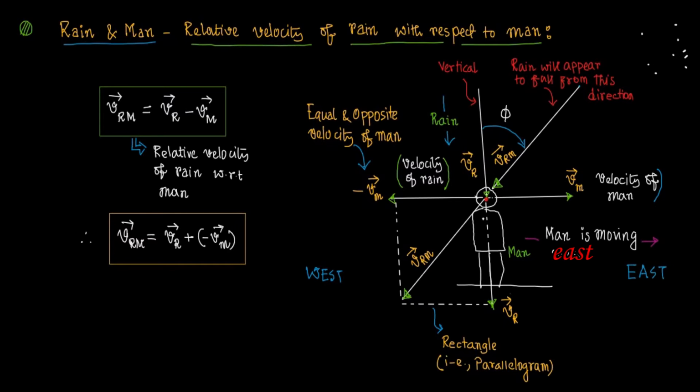Therefore, we can say that the man should hold his umbrella at an angle phi east of vertical to protect himself from the rain.